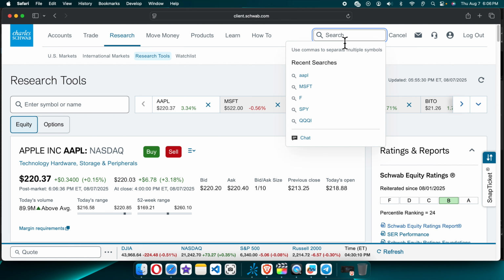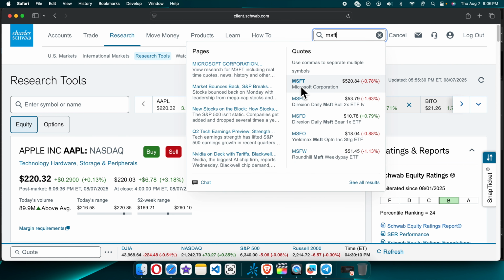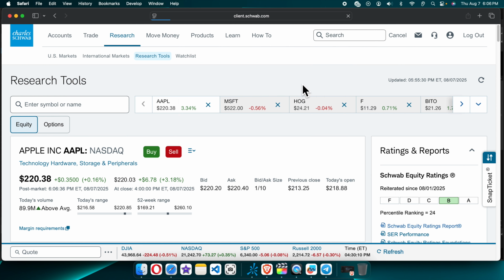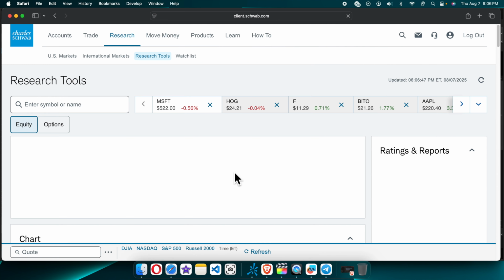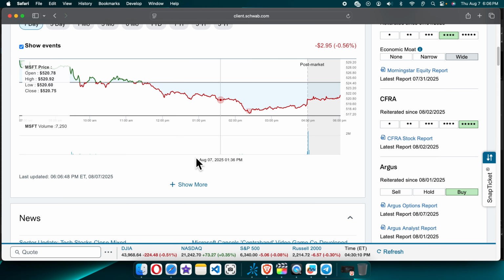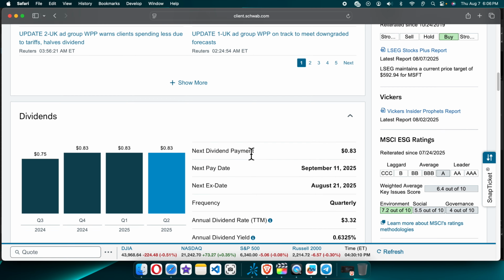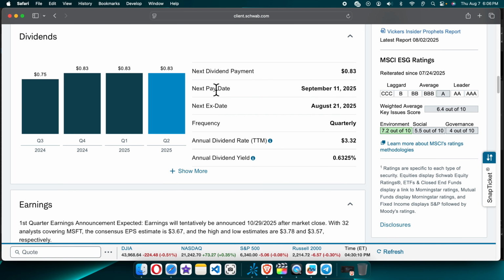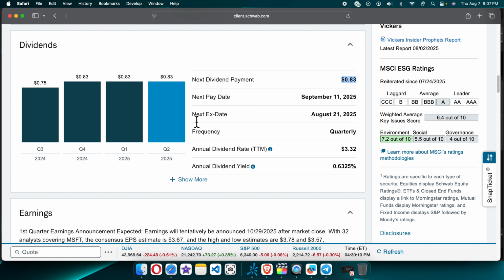Microsoft's stock ticker is MSFT. So I'm going to click here, and very shortly it is showing that Microsoft stock is there. If we scroll a little, we'll see that the same way it has all the details. They are going to pay 83 cents per share if you hold the stock, and they mentioned the next ex-dividend day, August 21st. So you have to hold the stock.